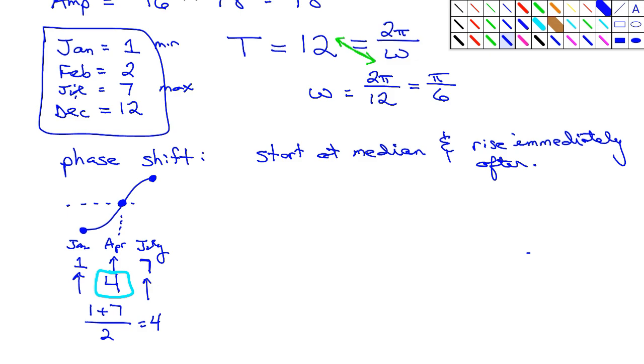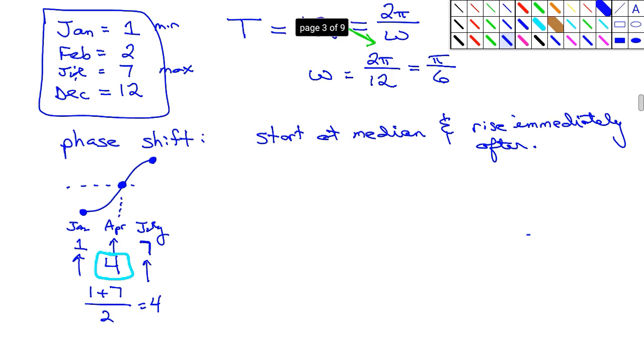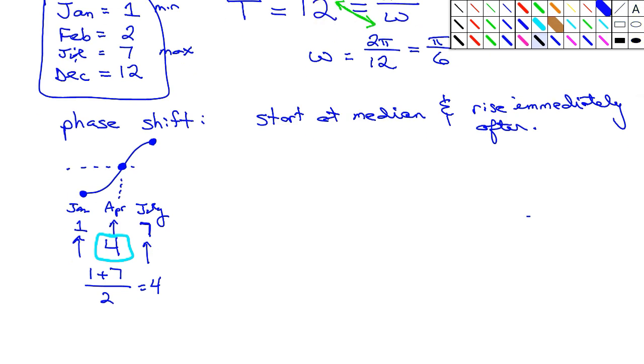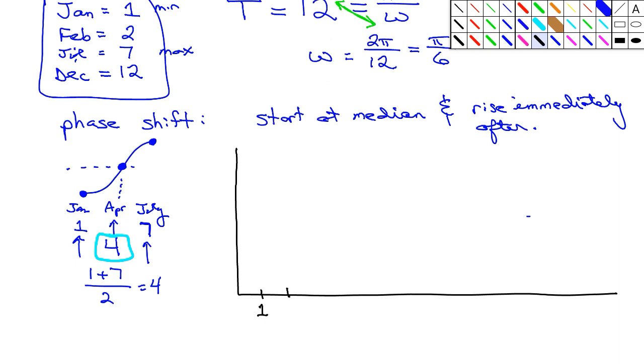All right. We can graph this now if we want to. So I'm going to do a graph that looks like this. And we're not going to start at 0 for the y-axis. We'll put in some of these numbers here. We have the median.